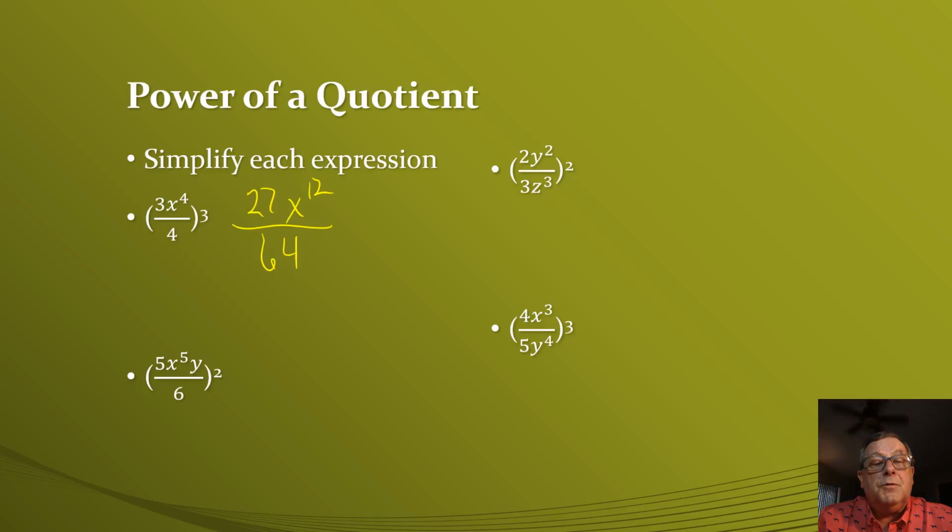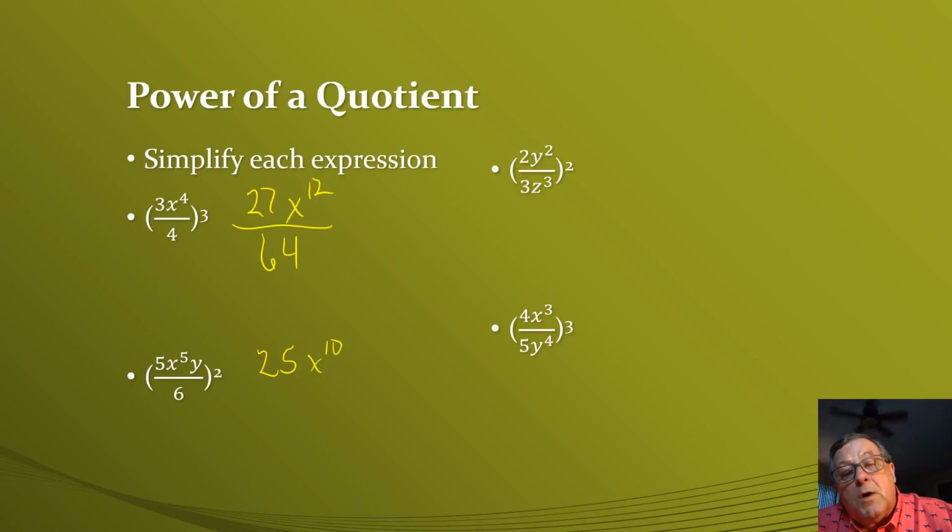All right, well, that's cool. Let's look at this next one. 5x to the 5th y over 6, and all of that is squared. Well, what's 5 squared? 5 times 5 is 25. We're working on the numerator first. X to the 5th squared, we're going to multiply 5 times 2, so that's going to be x to the 10th.